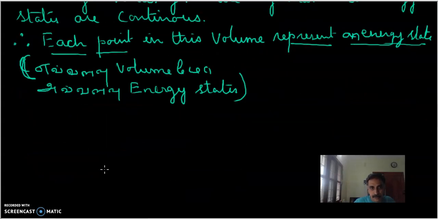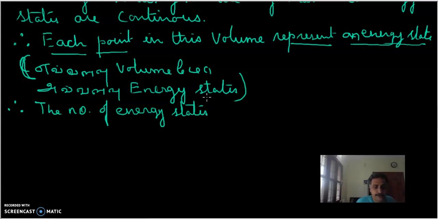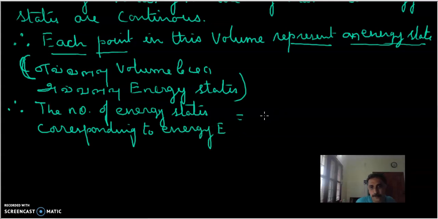Therefore, the number of energy states corresponding to energy E is equal to 4 by 3 pi n cube, the volume of the sphere with radius n, இல்லையா, அதில் எவ்வளோ வால்யூமோ அவ்வளோ ஸ்டேட்ஸ் இருக்கும்.